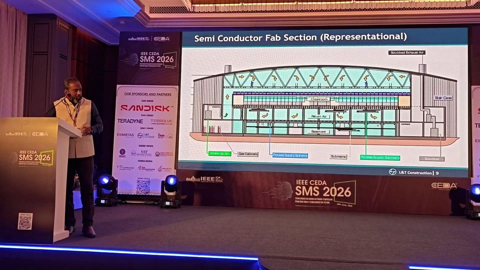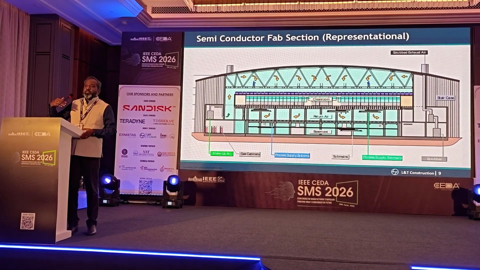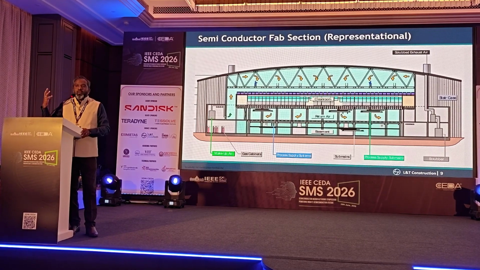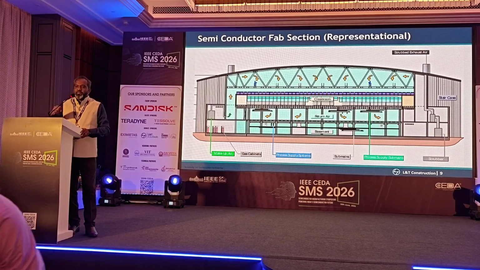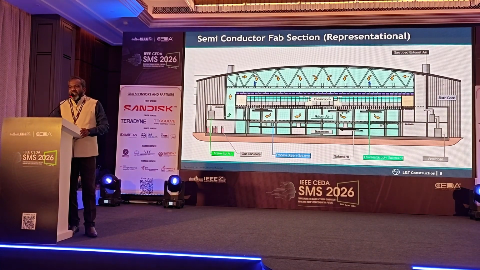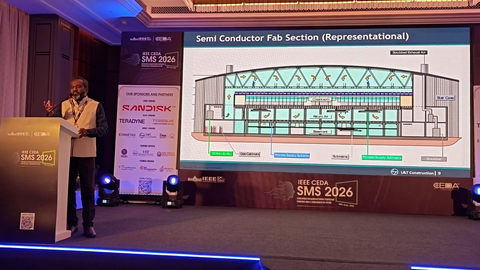What you see on the left is the makeup air unit. A lot of air needs to be recirculated and a lot of air needs to be added in, to keep the place clean. We are talking about a 2 nanometer fab; 28 nanometer is the one currently being built in Dholera by Tata Electronics.